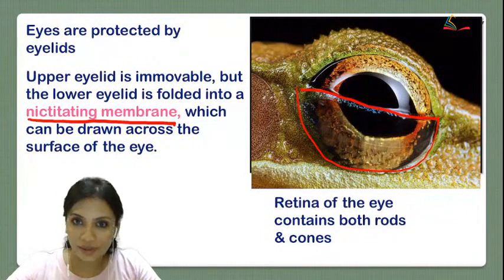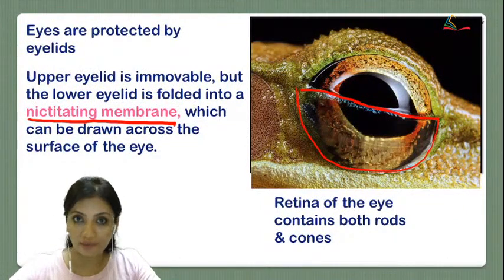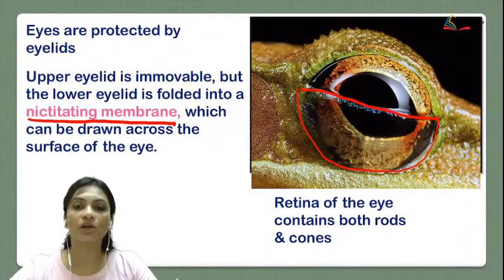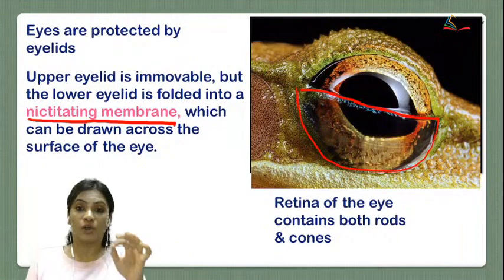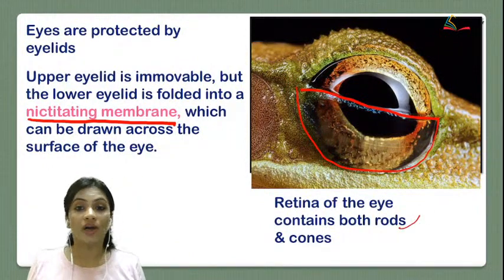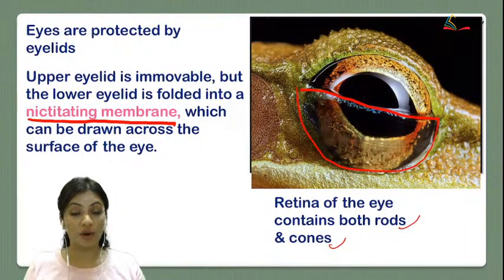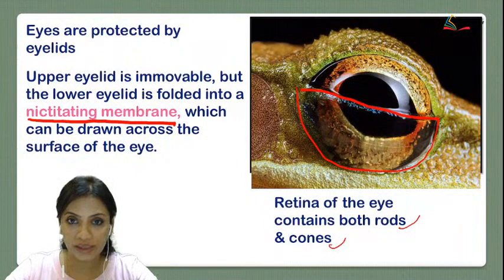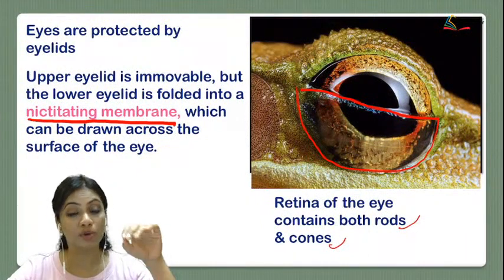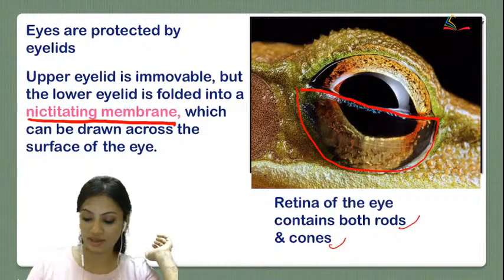Now, for my 12th standard students, we know that in the retina there are cells called rods and cones. Rods enable dim light vision, and cones are responsible for bright light and all the colors. So frogs, having a well developed eye, are able to see in darkness, in dimness as well as in bright light.